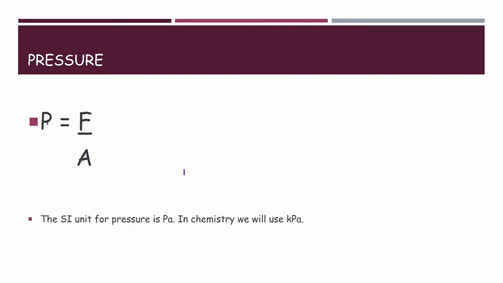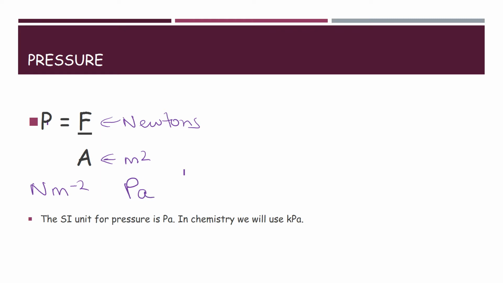Now, pressure is measured in newtons, which we remember from year 10. Area is in meters squared, so the unit for pressure is Newton meters to the -2. This SI unit corresponds to another SI unit which is called the Pascal.